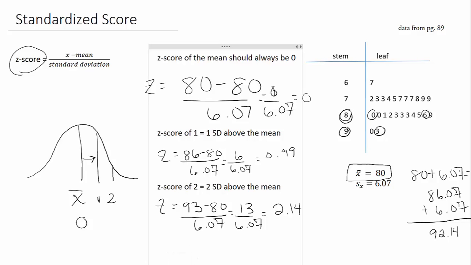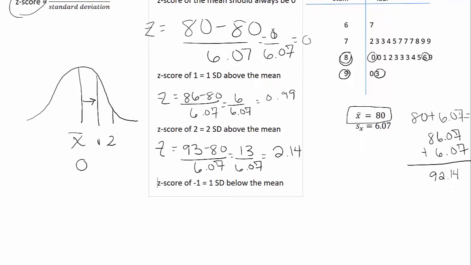These z-scores can also work out to being negative. You can have a z-score of -1, and that would mean it is 1 standard deviation below the mean. So it would be in this general direction. We'll do more about density curves in the next section and throughout this chapter. One standard deviation below the mean would be 80 take away 6.07, which brings me down to something like 73.93.